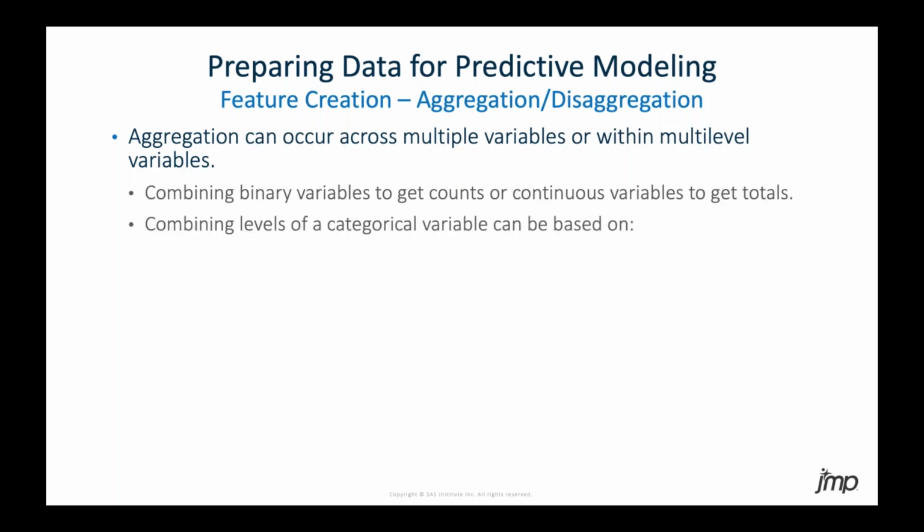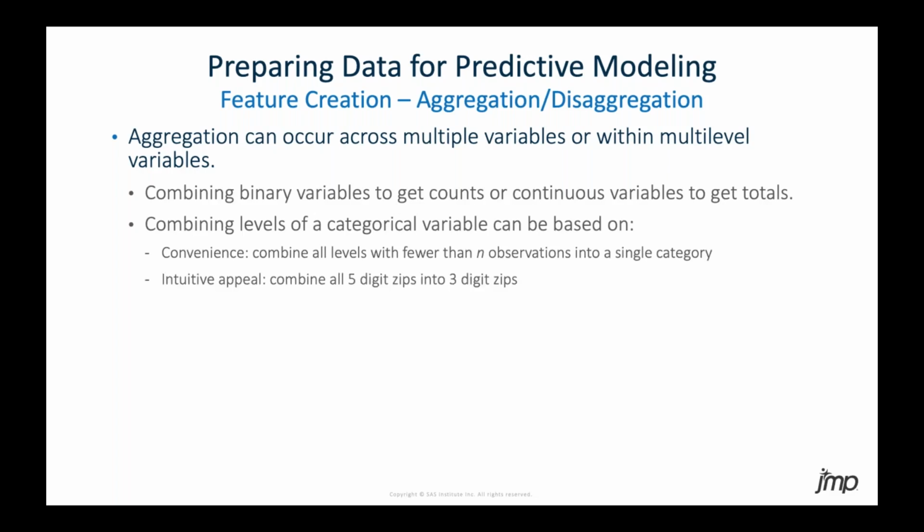I can combine levels of categorical variables, and I can do that based on convenience. For the zip codes, I could just look at who comes from where and combine all of those cases where I have only one or two observations from that zip code.